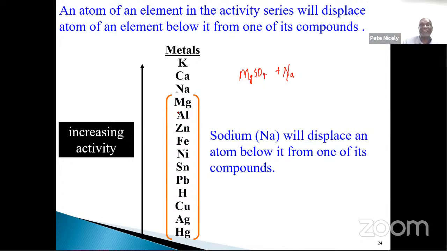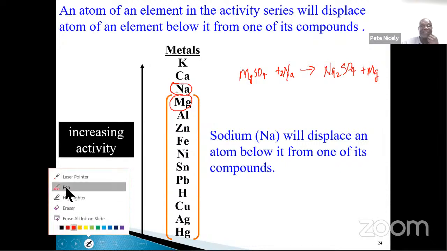Then based on the fact that sodium is above magnesium in the activity series, then we can predict that this reaction will take place where the sodium will displace the magnesium to form sodium sulfate, and the magnesium will be formed as well, all right? So basically all you need to do from here is to balance this equation, which means you're going to need a 2 there, and that's it, all right? So that's basically the utility of using the activity series.